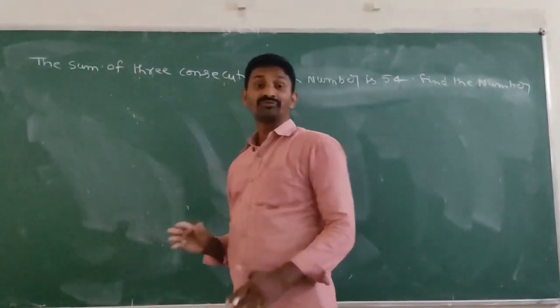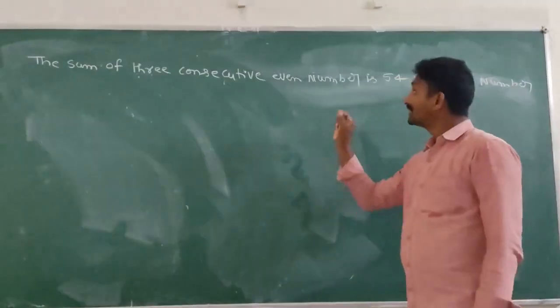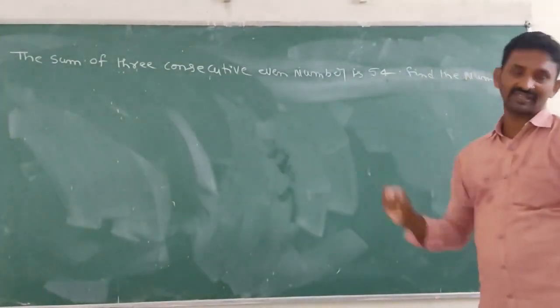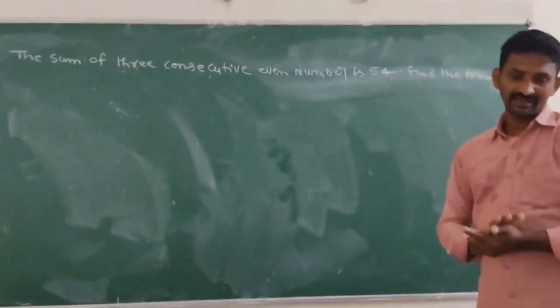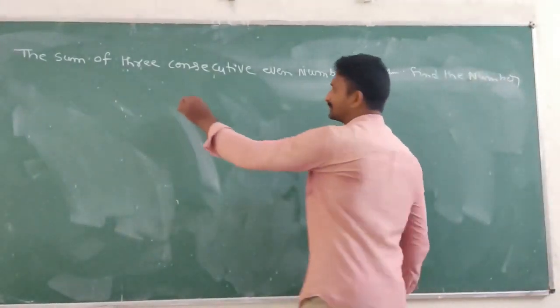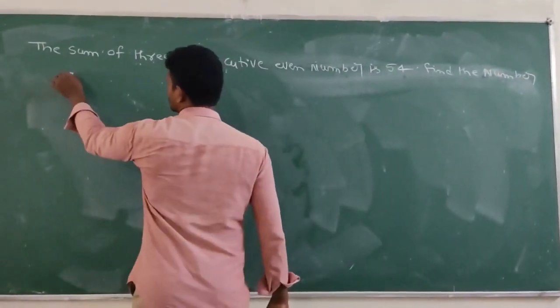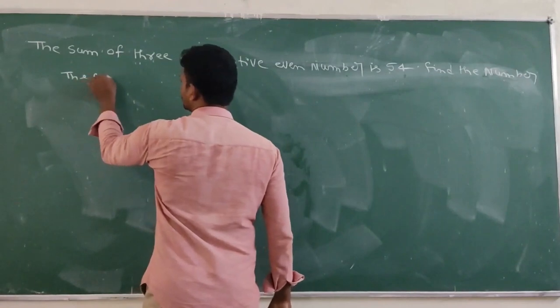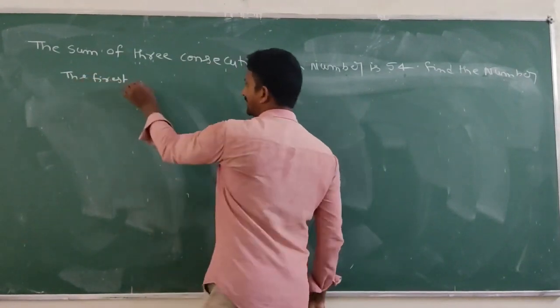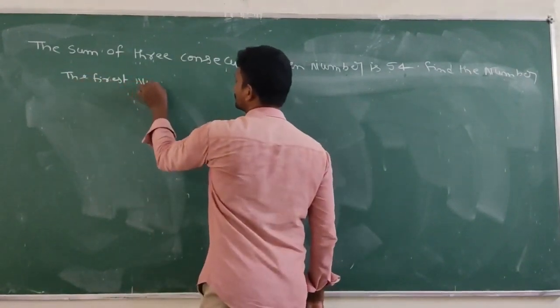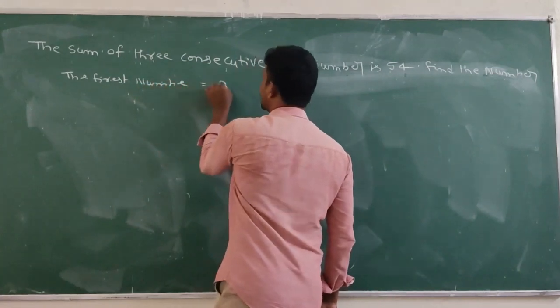The sum of three consecutive even numbers is 54. We find the numbers. Let the first number be x.